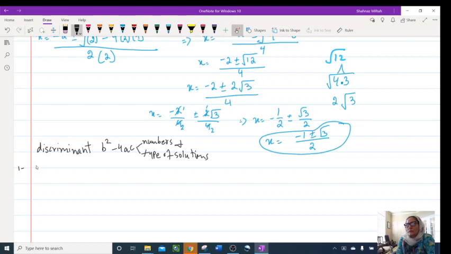And remember, first, if the discriminant is positive, then there will be two unequal real solutions.